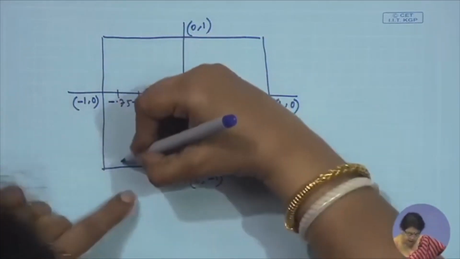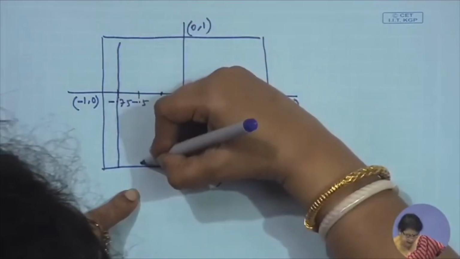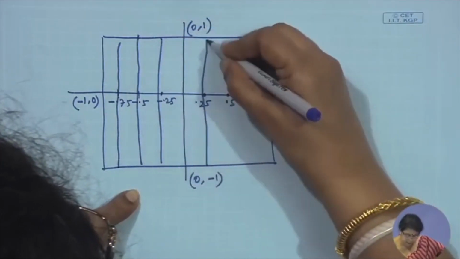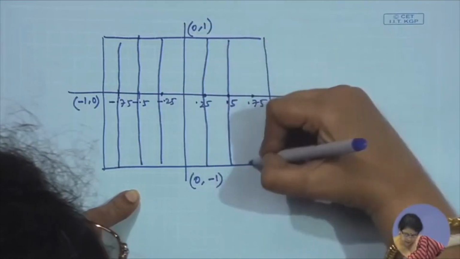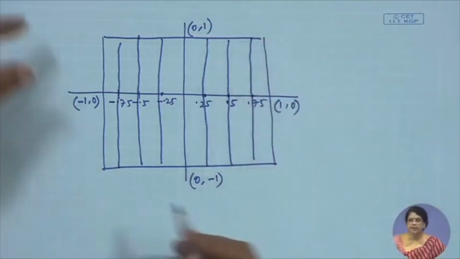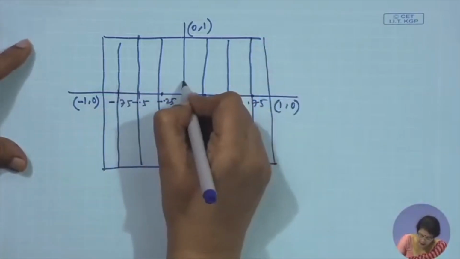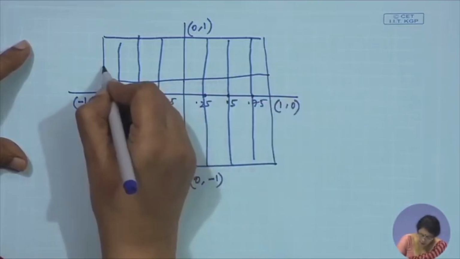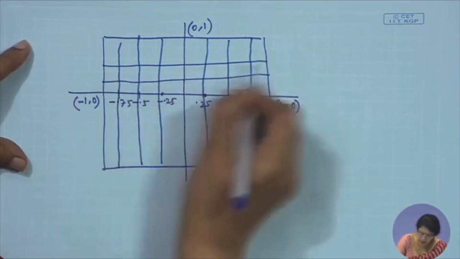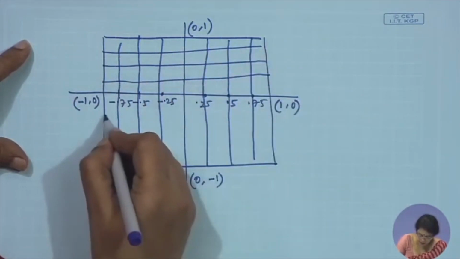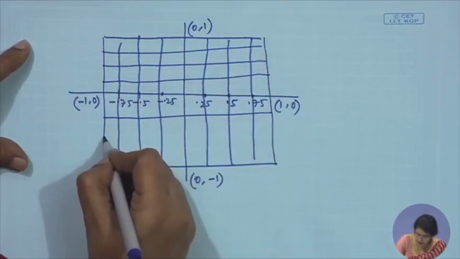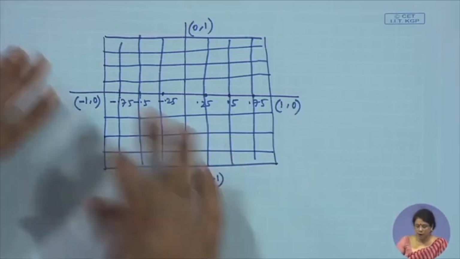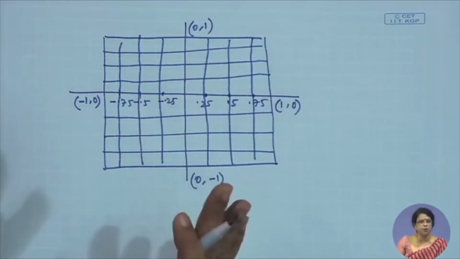I can take the grid like this. Similarly, I can take the grid points along the y axis the same way: plus 0.25, plus 0.5, plus 0.75, minus 0.25, minus 0.5, minus 0.75. Now, the function is moving here, as I showed you in the picture.